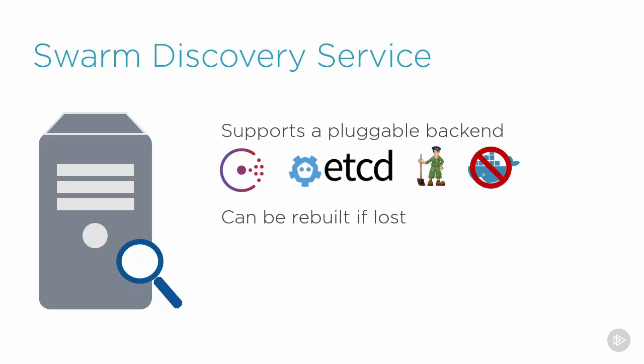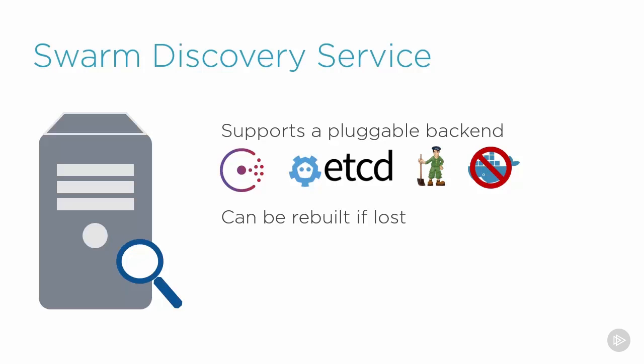If you're using the same key value store to support Swarm and container networking, so the new overlay networking, then it's a different story. The metadata about networking endpoints and the likes can't currently be recreated like this. It's only Swarm data that can, so keep that in mind. Swarm data can be recreated if lost, but networking can't at the time of recording.